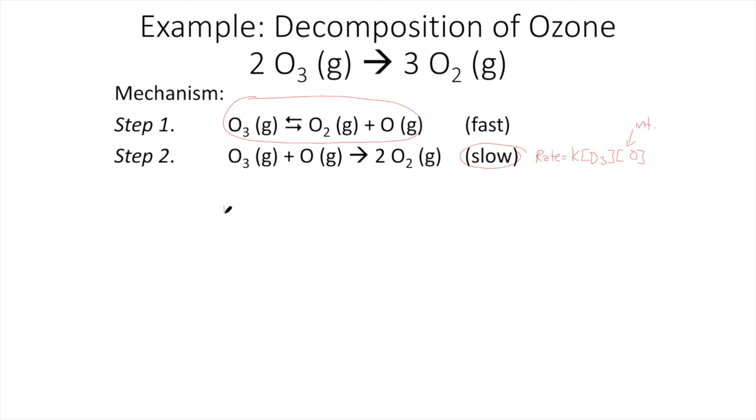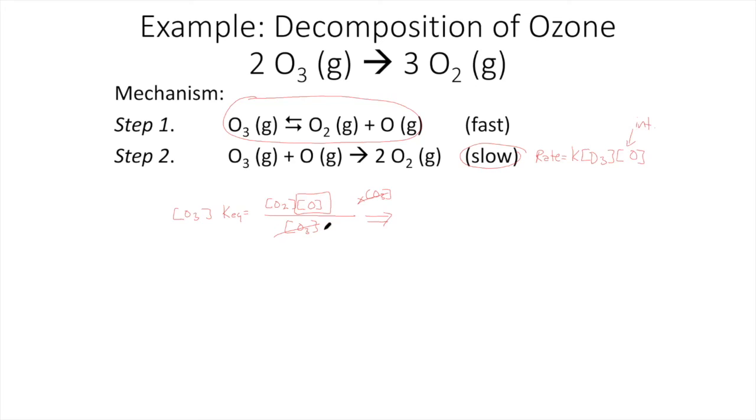So for step one, the equilibrium constant expression is the concentration of O2 times the concentration of O, products over reactants, so over the concentration of O3. Just rearrange this to isolate that term right there. We're going to multiply both sides by the concentration of O3, and so that cancels on that side.